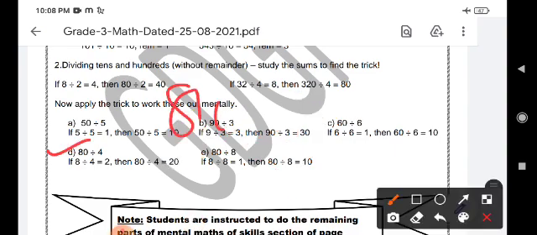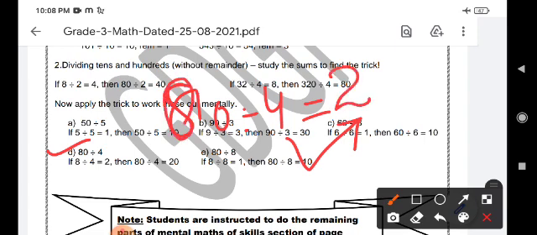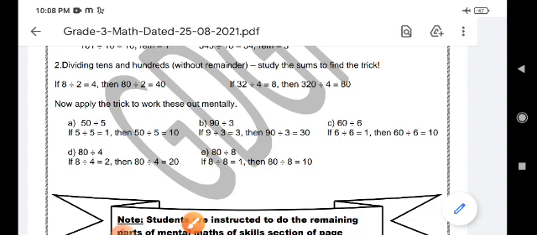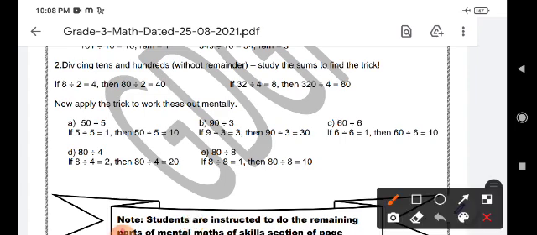Now 80 divided by 4. In the table of 4, where 8 is, 4 twos are 8, and where 0 is, that is 20. How you can do it by this trick that is given in the question?